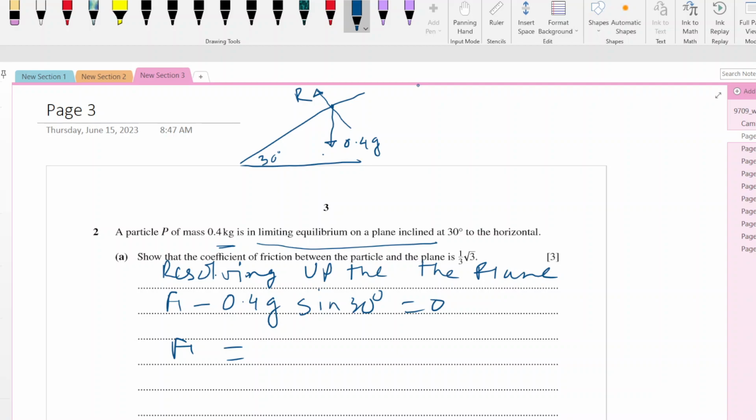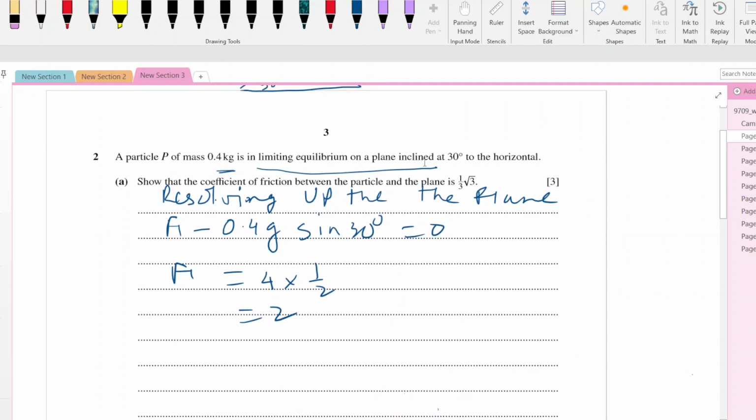For Cambridge A level mechanics, we are told to consider g as 10 meters per second squared. Therefore here is 4 into half, equals 2.